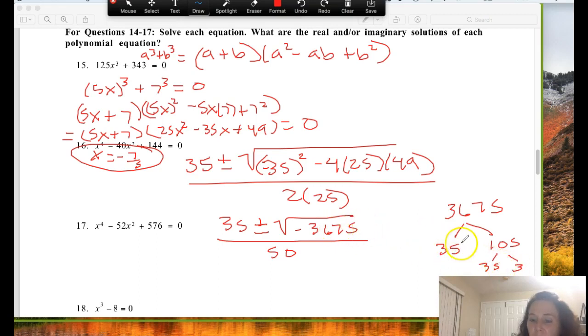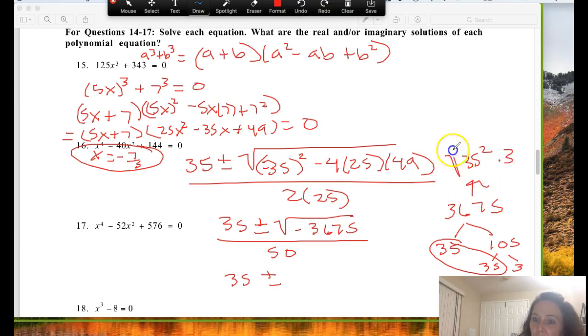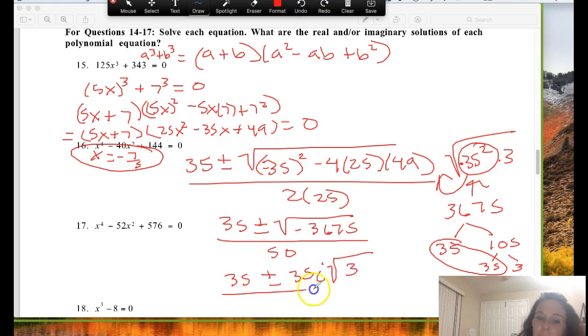So I can pull out a 35 and leave a 3 inside. Now it's negative, so 3675 is 35 squared times 3. When I square root the negative of that, this becomes 35 on the outside, and then I pull the negative 1 out and make an i. Inside the root leaves me with root 3. That's all over 50. I believe this is how the answer key leaves it.